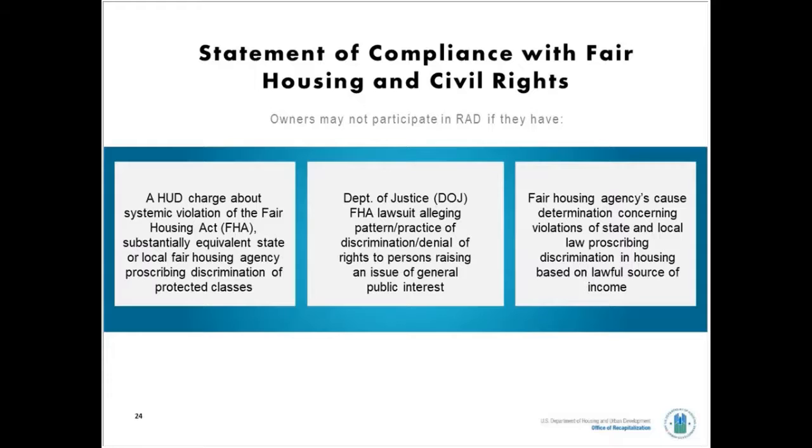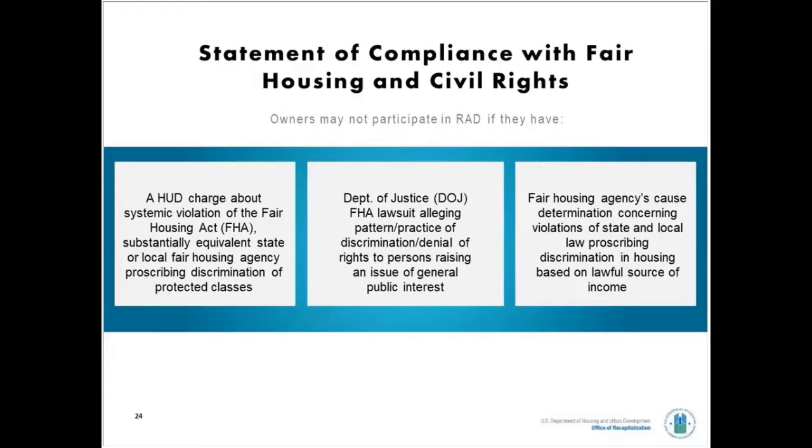So you will not be able to participate in RAD if you have any of the following. However, if you're able to resolve these issues, then you may move forward and provide us with certification that you are in compliance with fair housing and civil rights in order to be eligible to convert your Mod Rehab contract to either a PBV or PBRA contract.